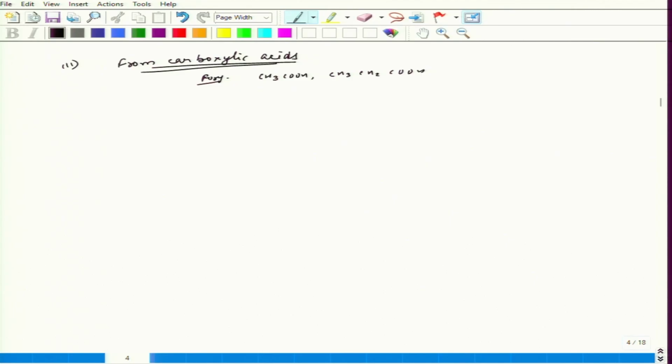This is ethanoic acid, commonly called acetic acid, or vinegar also. This is the formula of vinegar, the one we use in our households, in the noodles. This is propanoic acid. You must also not forget about the nomenclature I have taught to you. So, these are the things, ethanoic acid, propanoic acid.